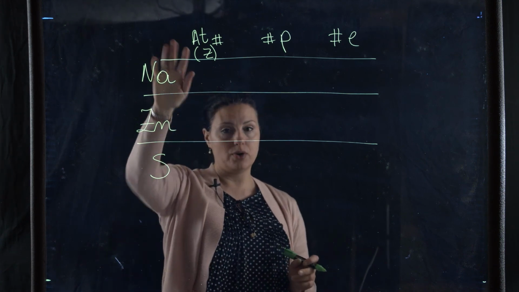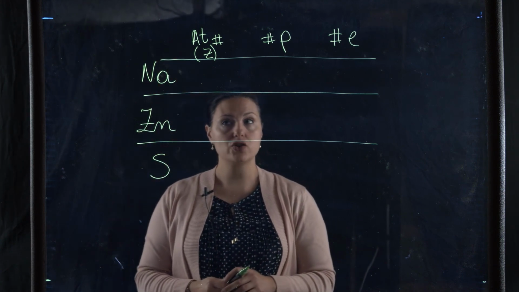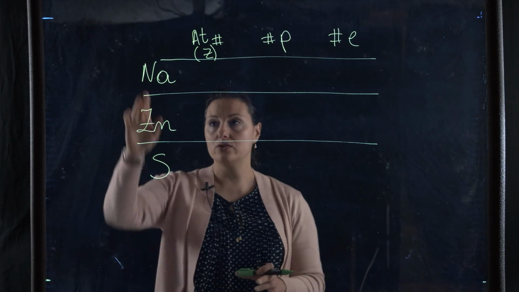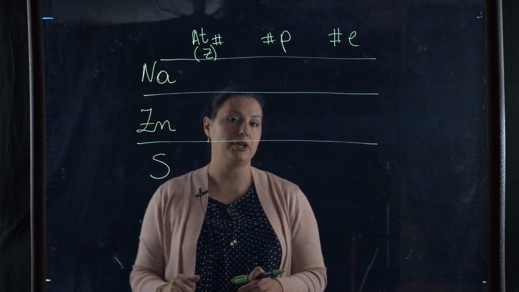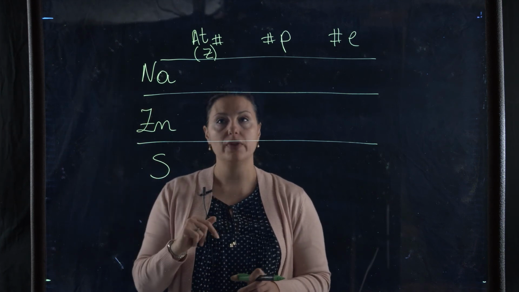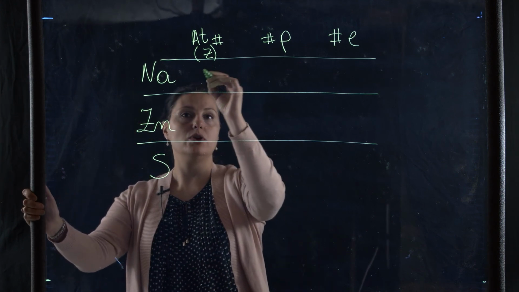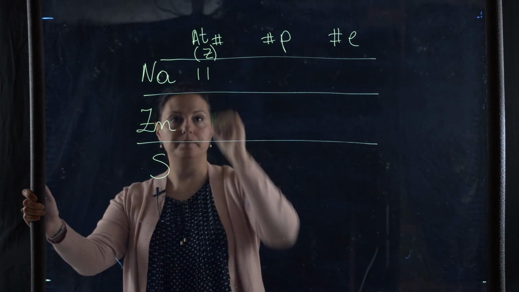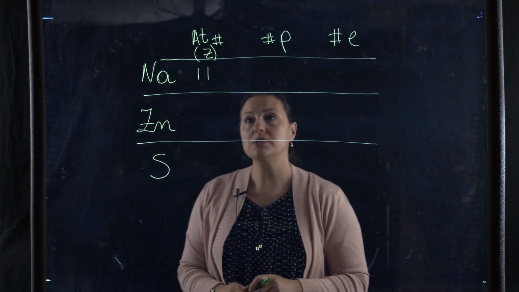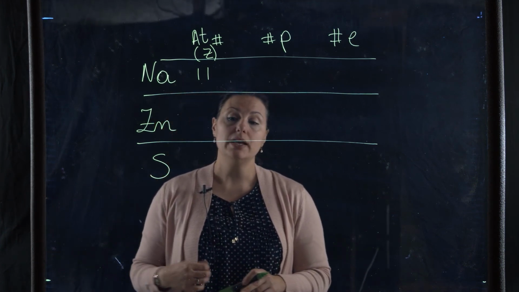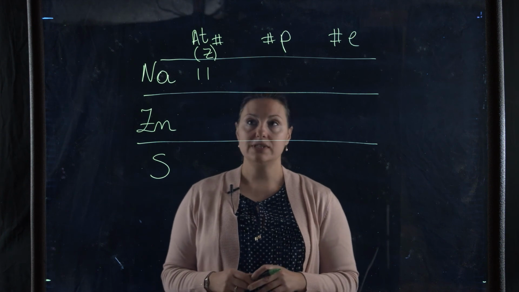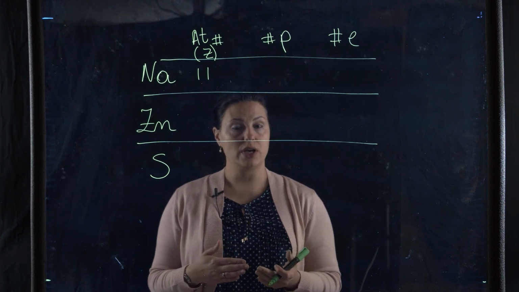The atomic number, as was mentioned in lecture, is the number that is found right above each element symbol in the periodic table. If you look up sodium, that number above sodium is 11. So sodium's atomic number is 11. Now the atomic number also gives us the number of protons.